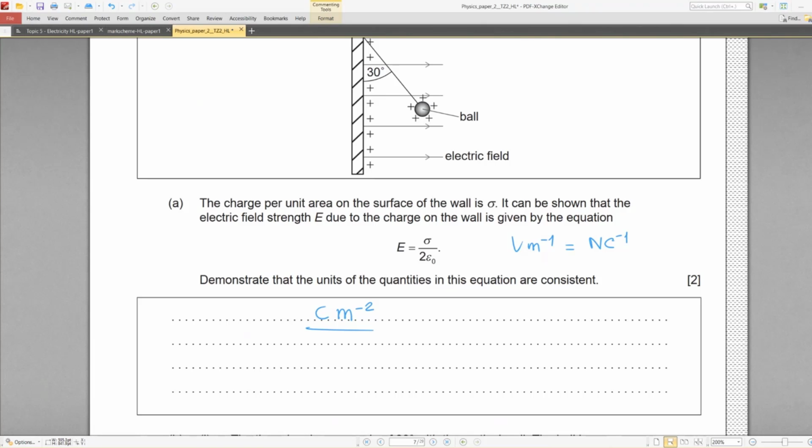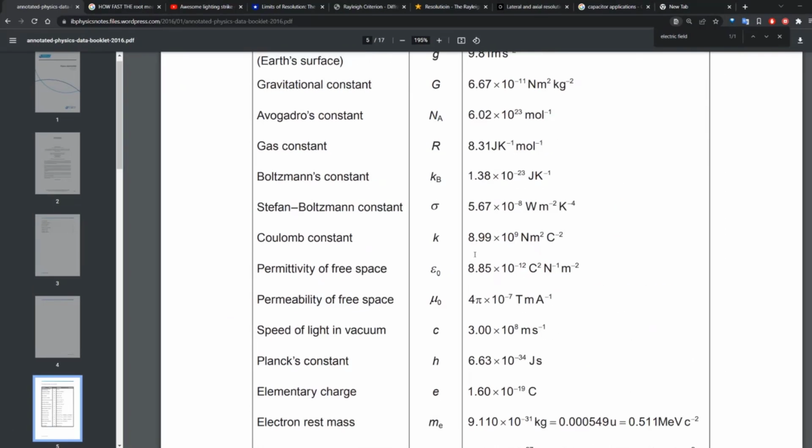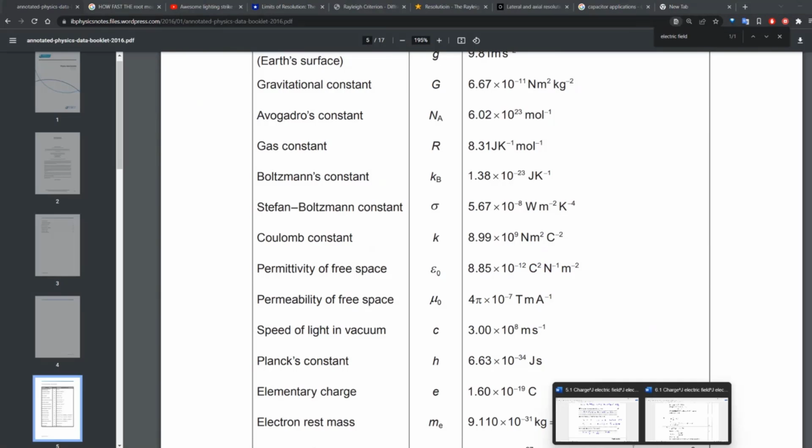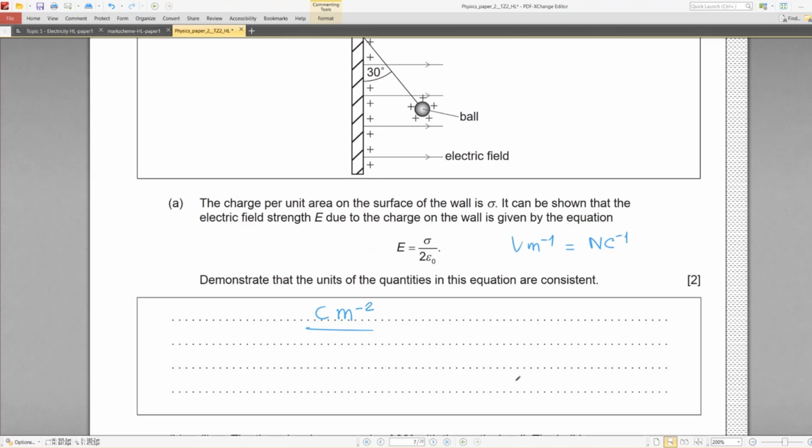The unit of epsilon 0 in the booklet is coulomb squared per newton per meter squared. So you see that the meter squared cancels out, and we get newton per coulomb, which is the unit of electric field.